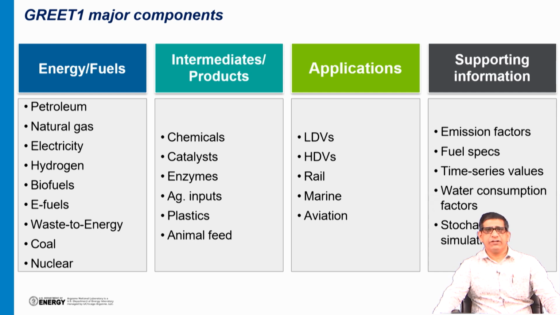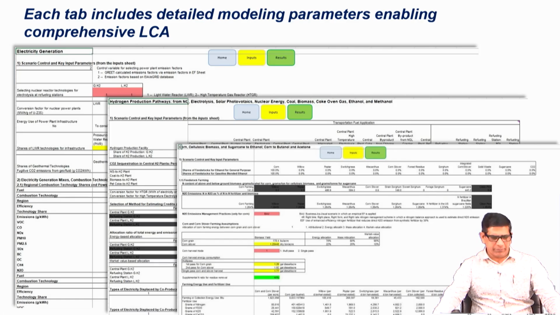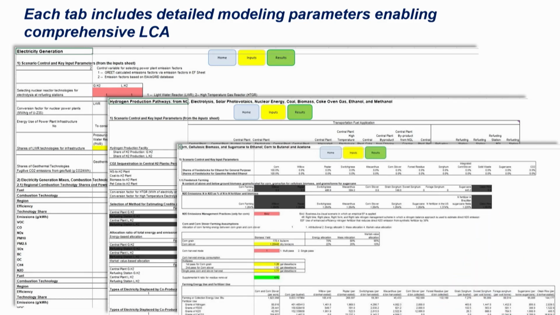Applications cover different modes of transport; intermediate products include chemicals, catalysis, enzymes, and agricultural inputs; then different types of energy, emission factors, fuel specs, and time series values. If you go into each tab, they include detailed modeling parameters enabling comprehensive LCA.